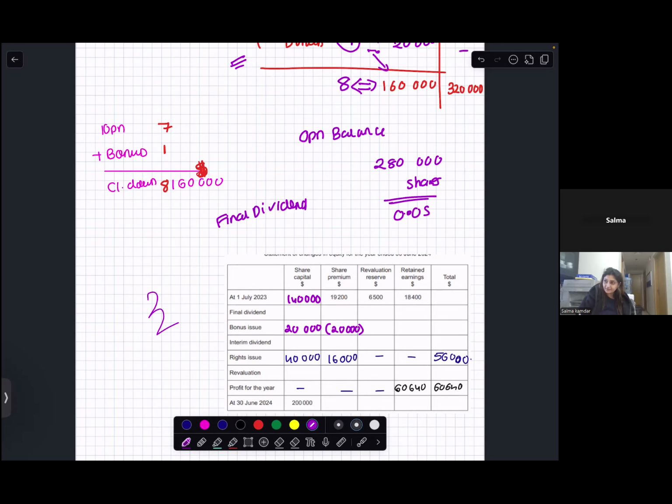So final dividend, 280,000 shares into 0.05. It's 14,000. Where will I give my final dividend from? No, I will give it from the share premium first.